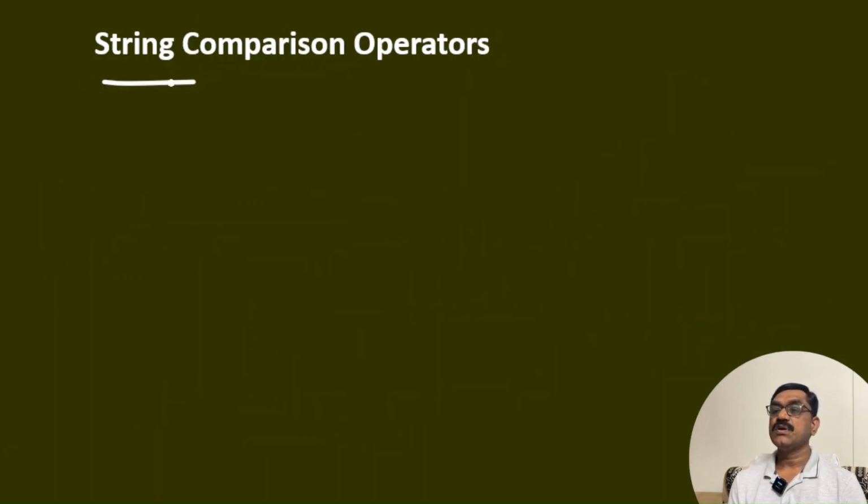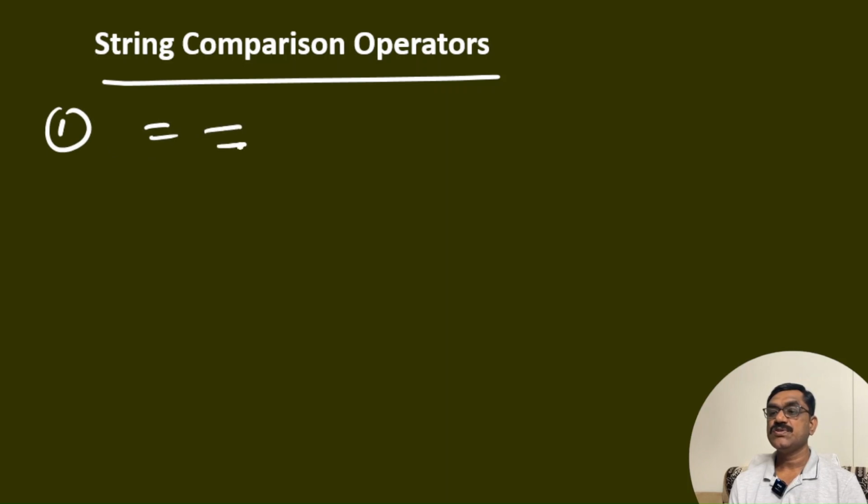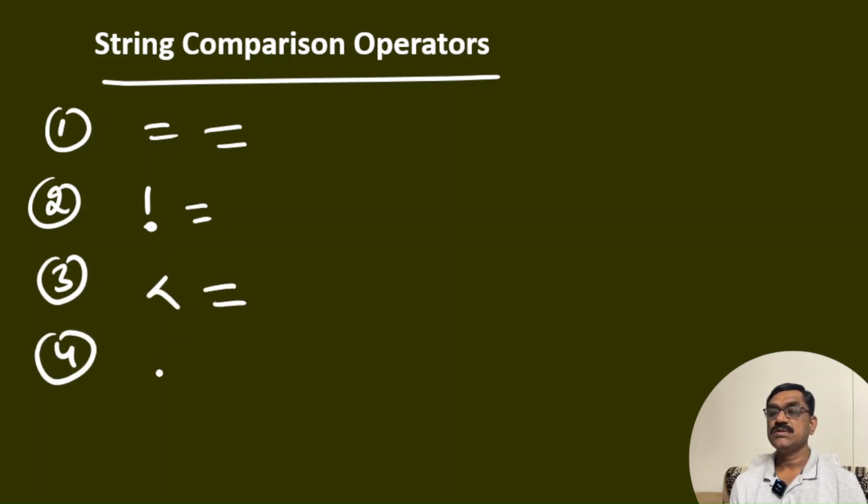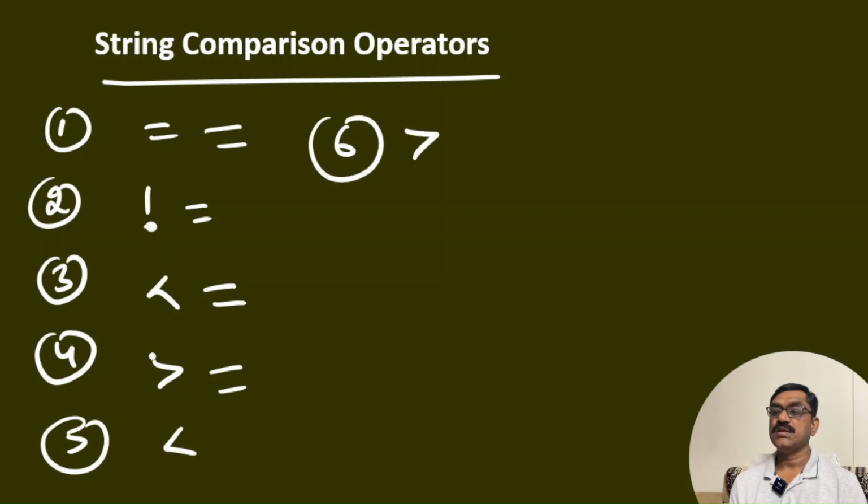After that, we are going to talk about the string comparison operators. Under this, the first one is equals to, the second is not equals to, the third is less than or equals to, the fourth is greater than or equals to, and then simply less than and greater than.